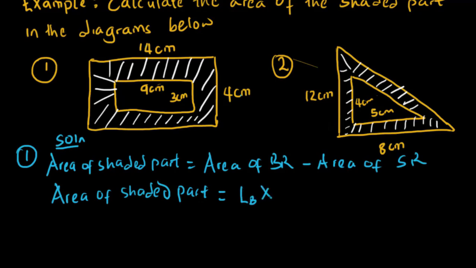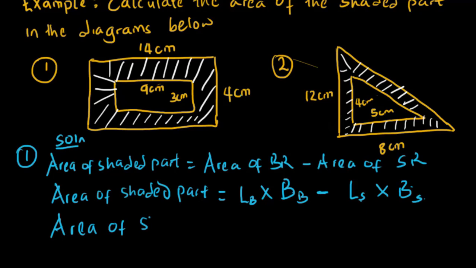I can put LB times BB to show that it is for the big rectangle. So we can have LS times BS. I hope you understand. The area of the small rectangle is length times breadth, but we put S to signify that it is for the small rectangle.